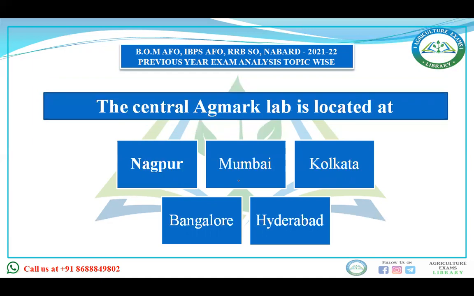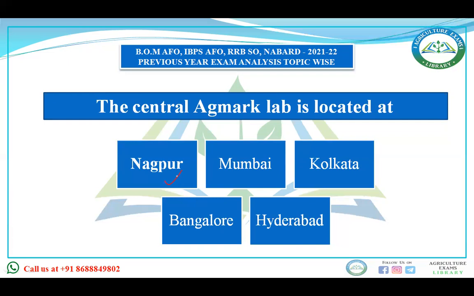The Central Agmark laboratory is located at Nagpur, Mumbai, Kolkata, Bangalore, Hyderabad. Of course, you all know the answer is Nagpur. You have to remember the names of different institutions, where they are located, and the year of establishment of a few important institutions.